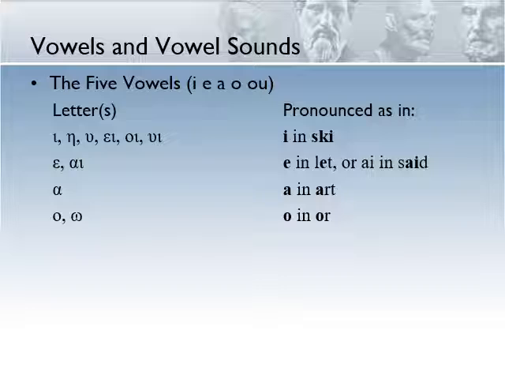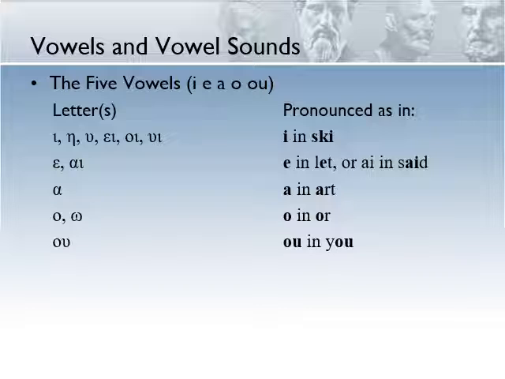Now in English, we have both a short O and a long O. The Greek O sound is kind of halfway between these. It's not quite as short as the A sound, which is covered by the letter alpha. It's not as long as the long O, but it's sort of in between. It's O, like the O in the word or.